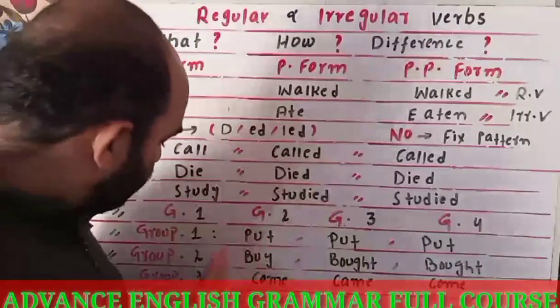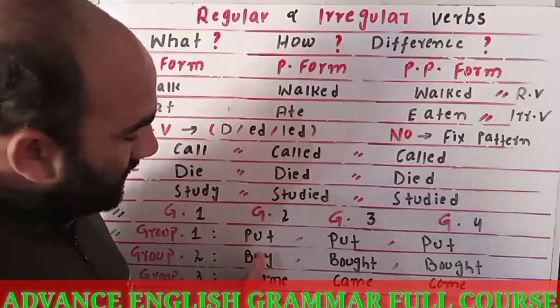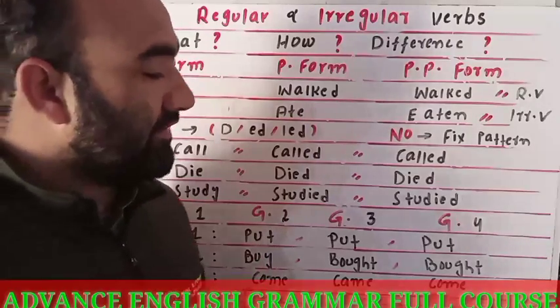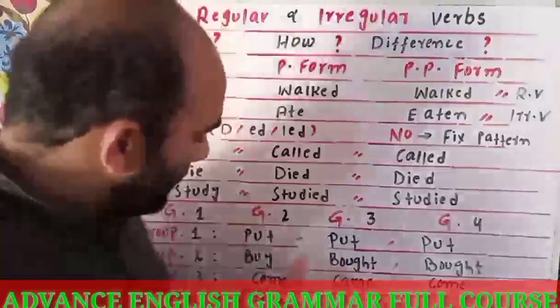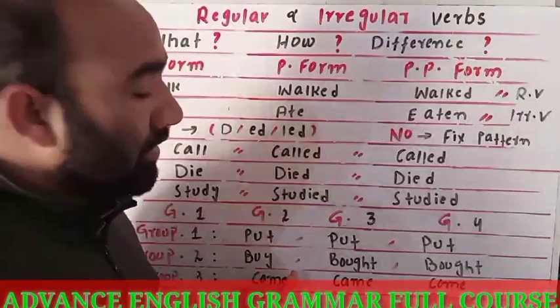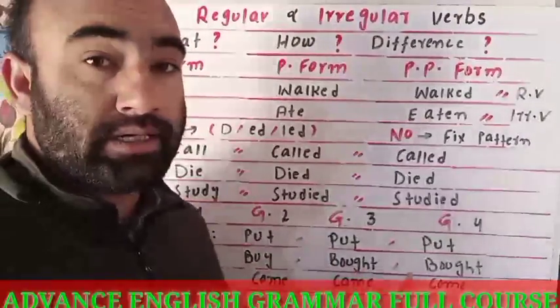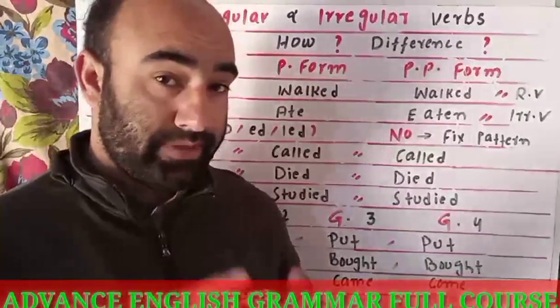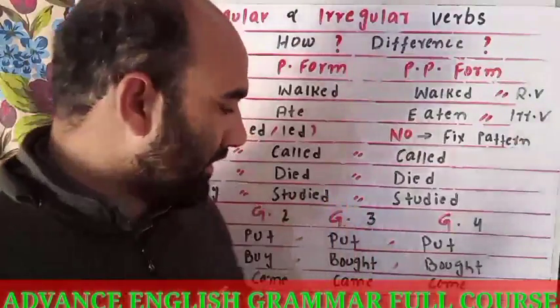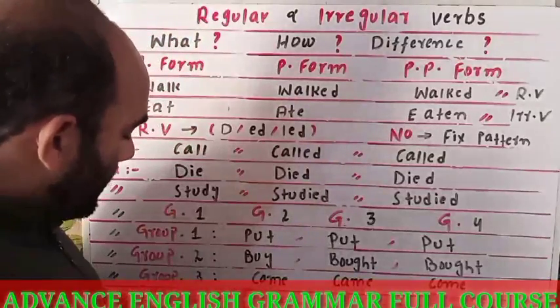Group 2: the base form of the verb is different from the other two. Buy, bought, bought. The second form and the past participle form are the same. Keep in mind, this is Group 2.